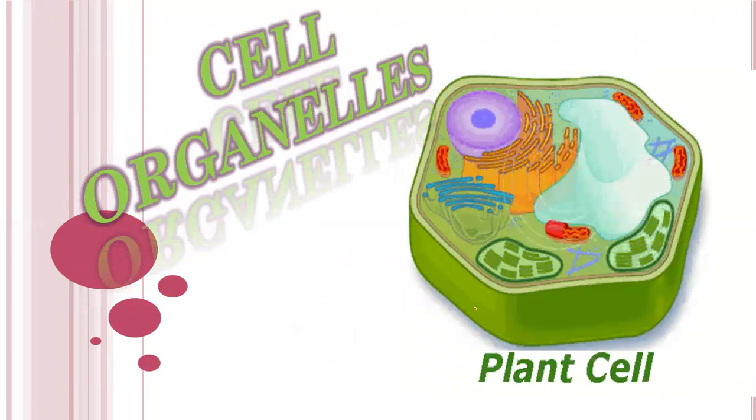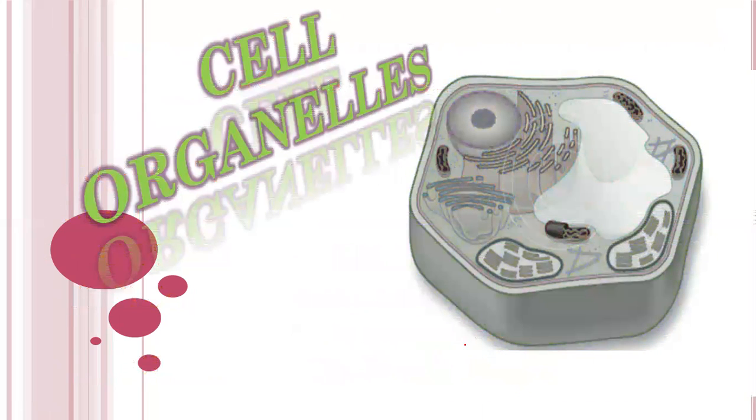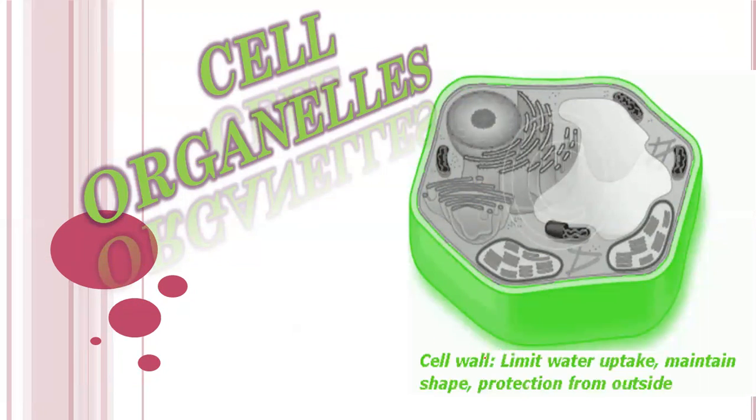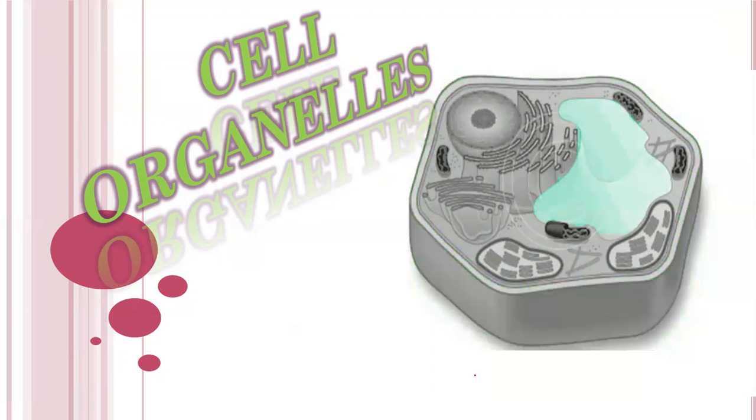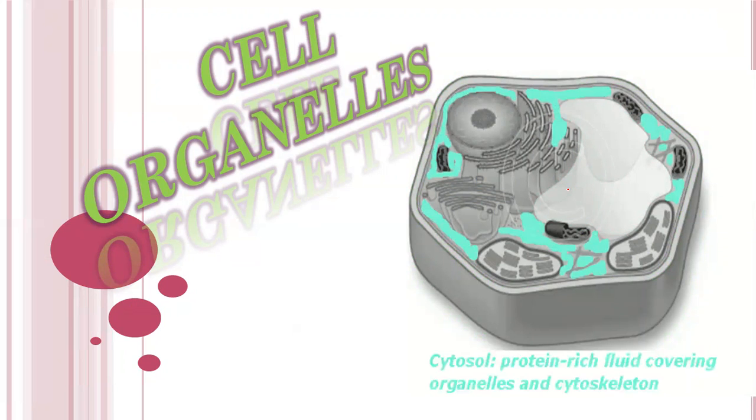Cell organelles, this is a plant cell. If we see the plant cell, there are lots of cell organelles present in it. The outer layer is called the cell wall, which is included in cell structure. It gives shape and rigidness. Then we have a large central vacuole, which we'll talk about in the next few lectures.